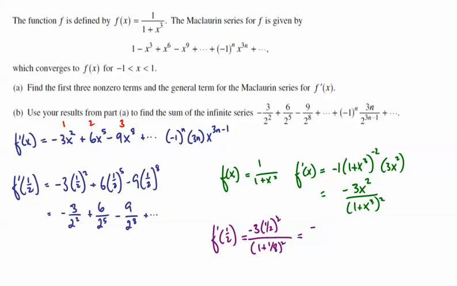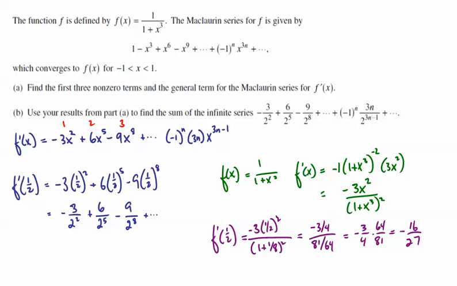That would leave us with negative 3/4 over 9/8 squared, which is 81 over 64, and that would be negative 3 over 4 times 64 over 81, giving us negative 16 over 27.